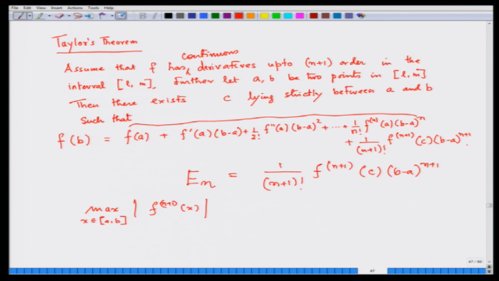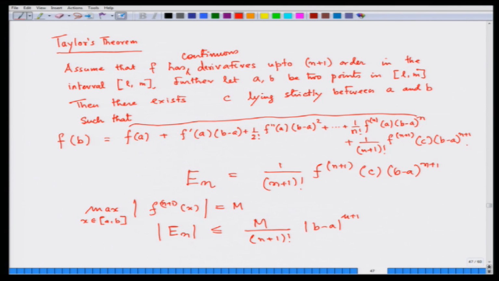So this is say M. So you can say that the error E_n is bounded by M over (n plus 1) factorial into mod b minus a to the power n plus 1.